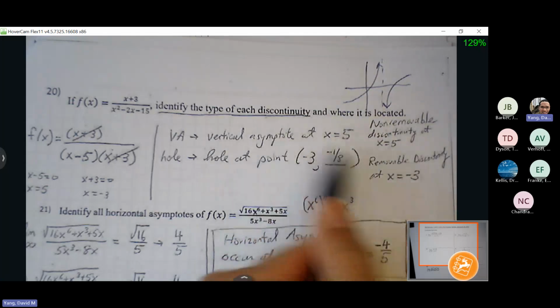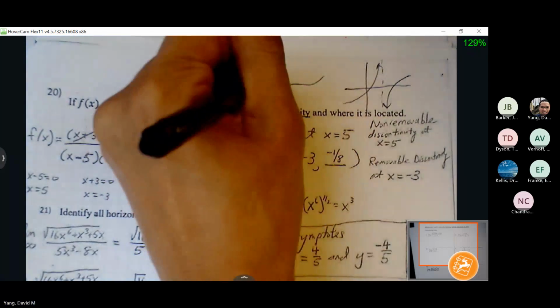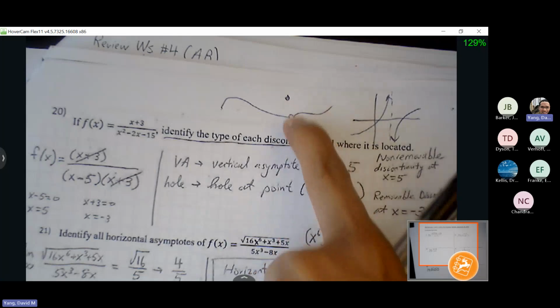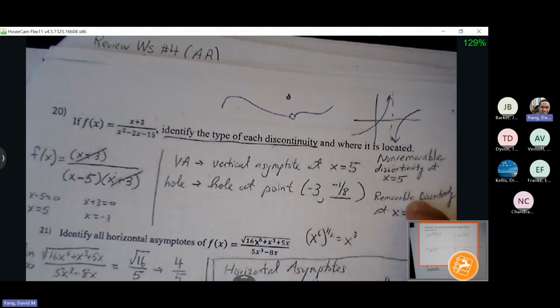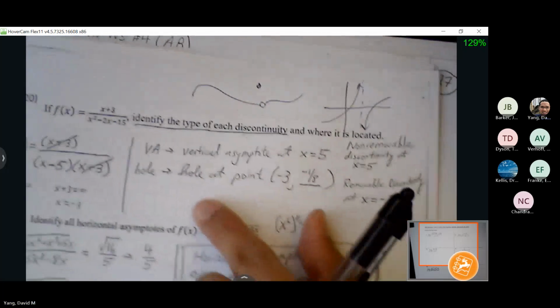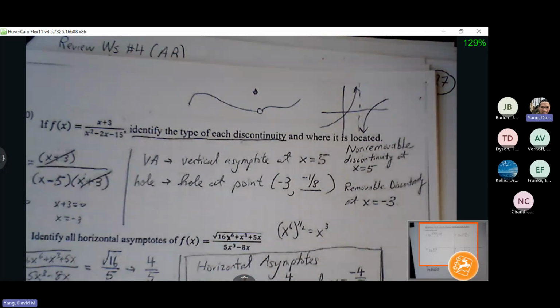But if it's a removable discontinuity, then there's a hole in the graph. Maybe the graph looks like this, right? But we're 1 point away from achieving continuity, so we're able to remove that discontinuity just by making one change. That's the difference. That's non-removable. Yeah.